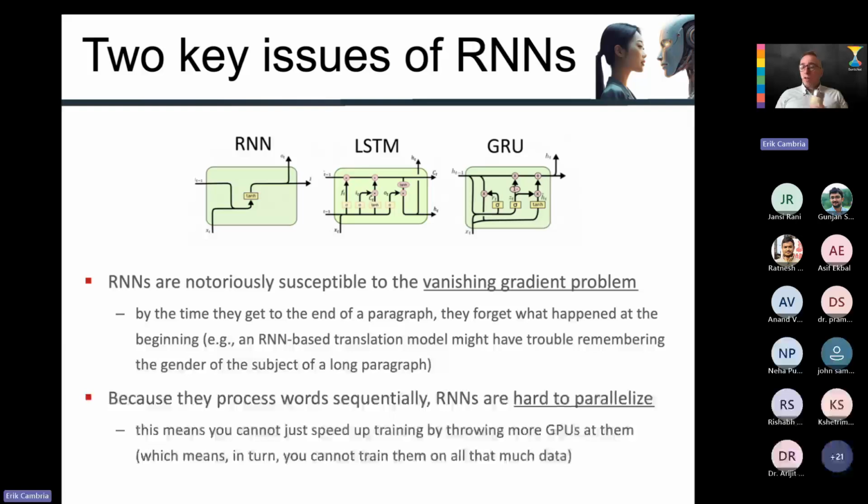But they were also suffering from some problems, like the vanishing gradient problem. They were also not perfect at remembering the important context in the case of very long sentences or very long paragraphs. But most importantly, because of the way they work, the fact that they worked in sequence, they were hard to parallelize.